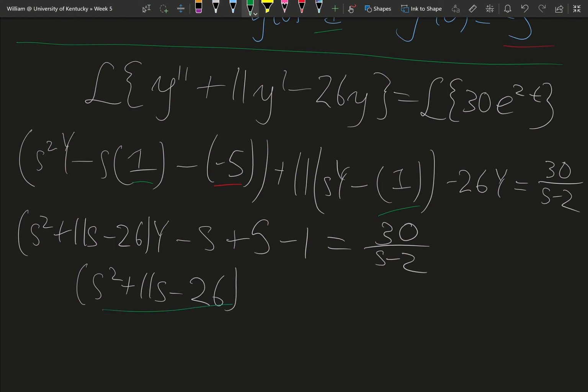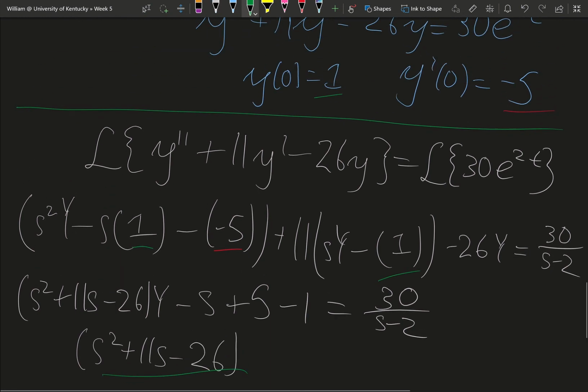Note here we can again check that this coefficient of capital Y is the same as the characteristic polynomial of the equation, and we see that it is.